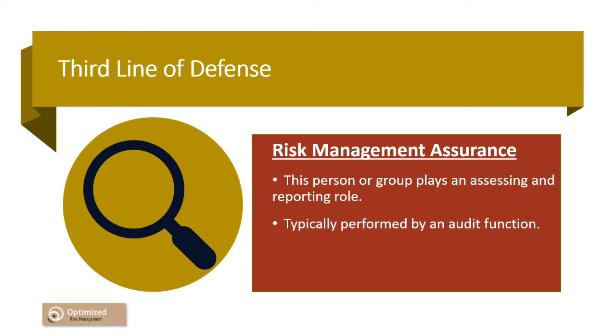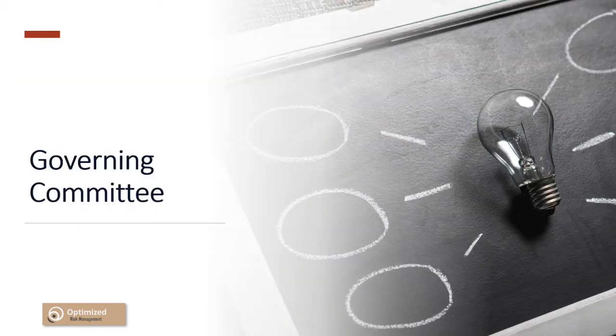For this reason, the role is typically performed by an audit function. Accordingly, this person or group should not be responsible for the decisions made when designing your risk management standards or managing your risk. This avoids a conflict of interest if they have to report less than good news.